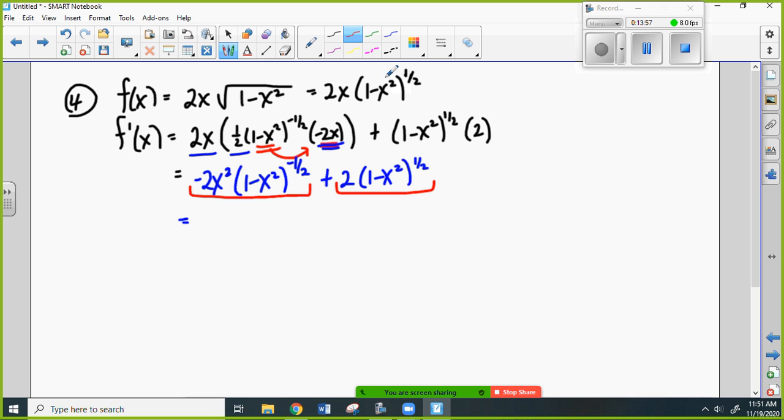And the GCF, let's see, they both have a 2 in common. You're welcome to take out a -2 if you'd like. Just be careful when you do that, okay? So they both have a 2 in common, and then they have a common factor inside the parentheses, but remember, you have to take out the smaller of the sets.